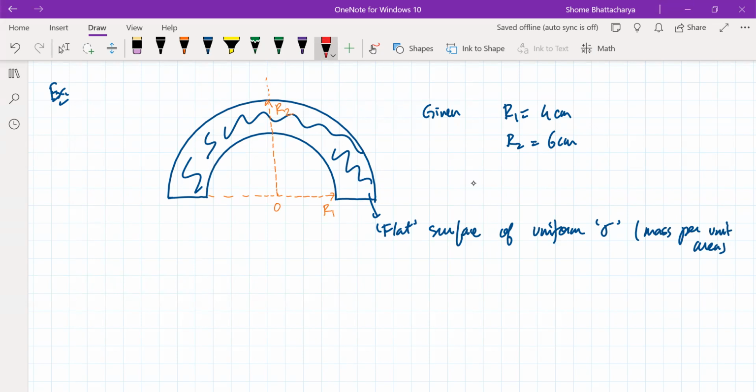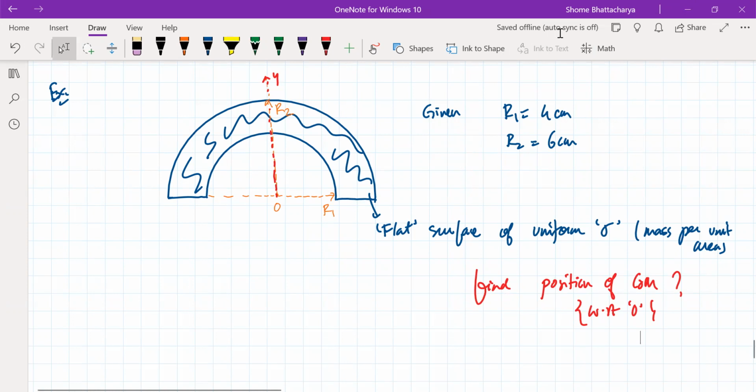It might be inside, might be outside, I don't know. So find the position of the center of mass with respect to the geometrical center of curvature of the two curves. Just try this out.